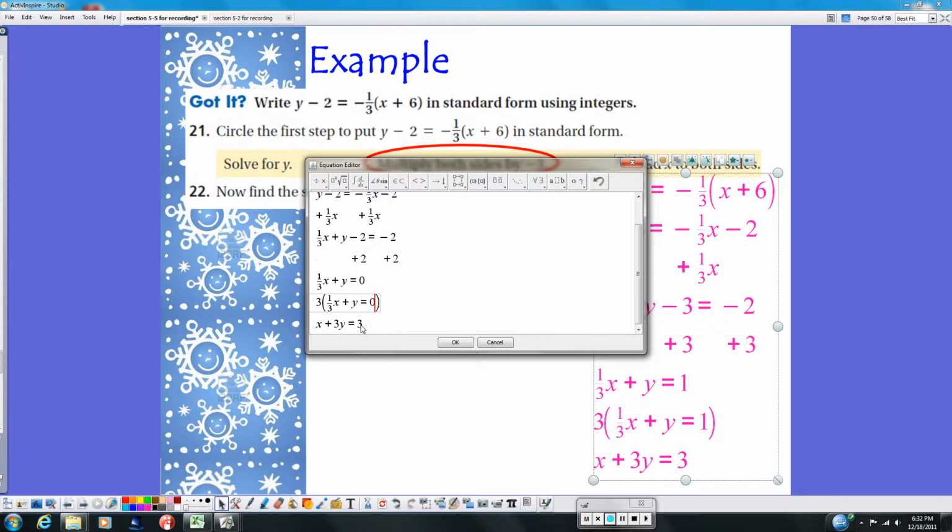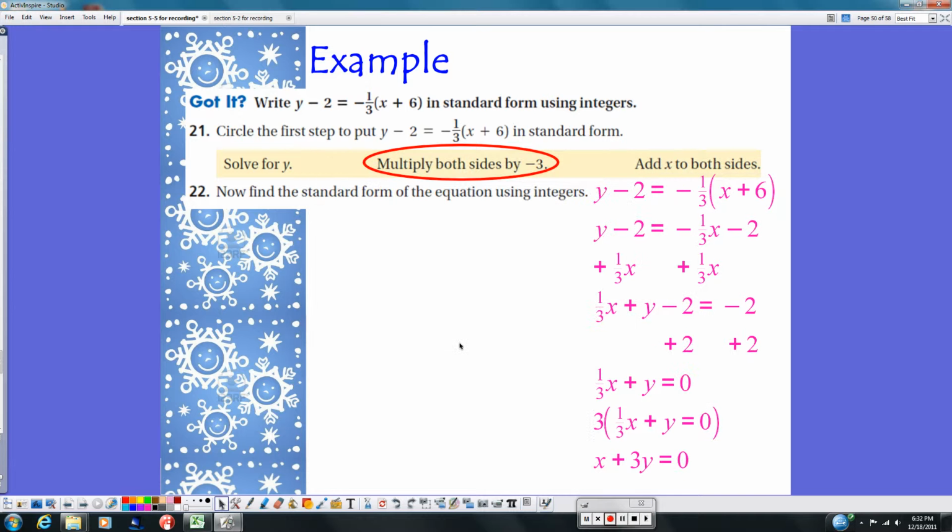There we go. That one's all fixed. So, we have y minus 2 equals negative 1/3 quantity x plus 6. I distribute first. So when I distribute here, I end up with y minus 2 equals negative 1/3 x minus 2.